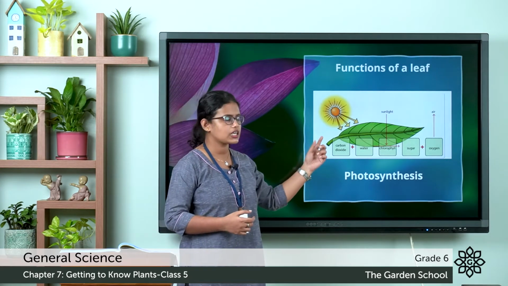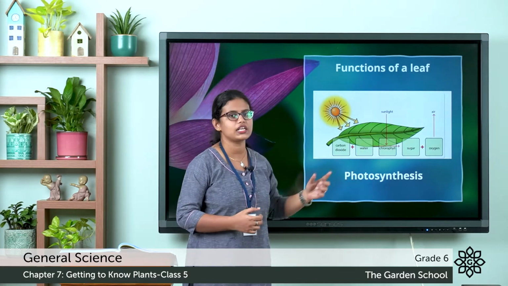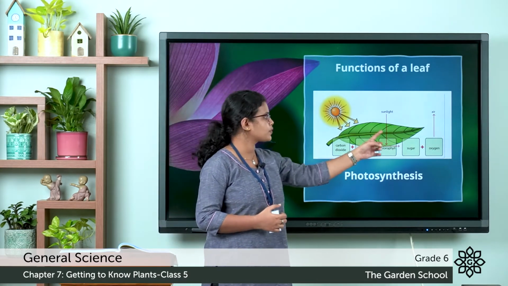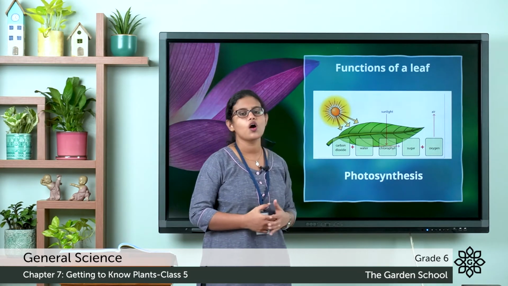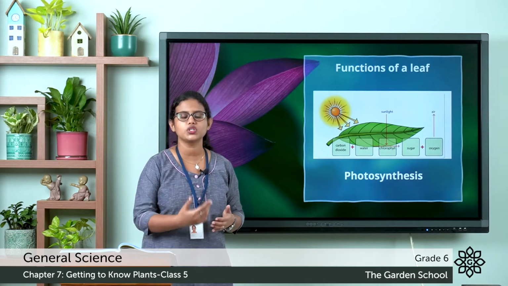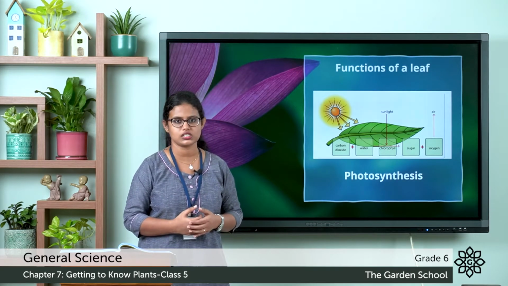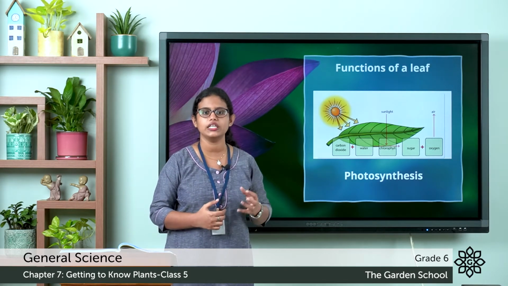Plant uses carbon dioxide plus water in the presence of sunlight and chlorophyll and produce food in the form of sugar. And also oxygen is released into air, which is produced during photosynthesis. So that is the main function of a leaf.